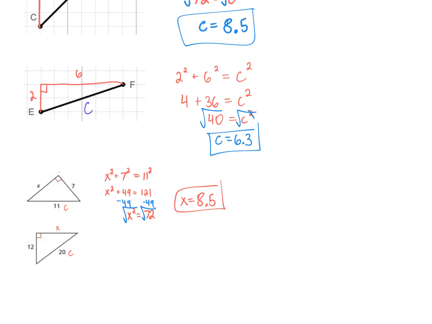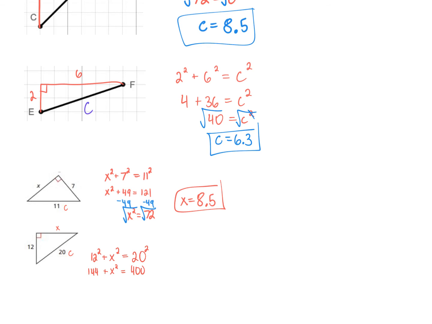And our last one, again, we're missing a leg. So this one I could have 12 squared plus x squared equals 20 squared. So 144 plus x squared equals 400.